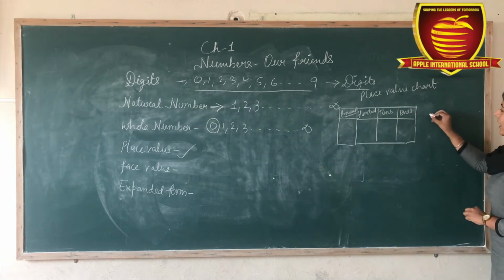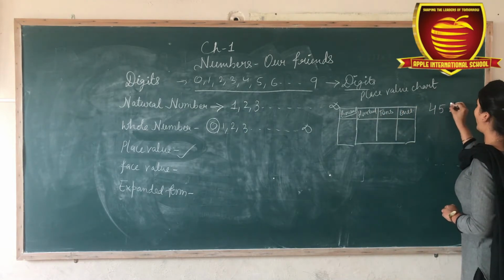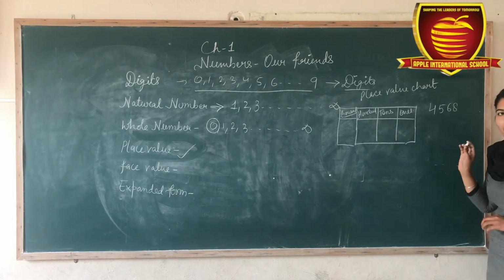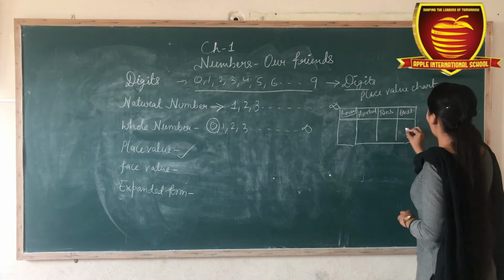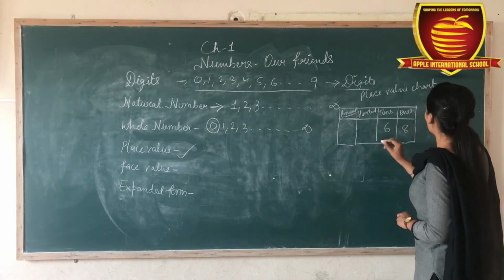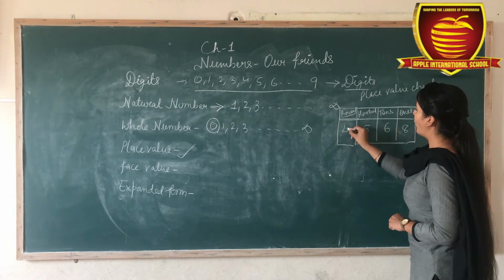Now I take the example 4, 5, 6, 8. Now I place these numbers according to their places: 8, 6, 5, 4.